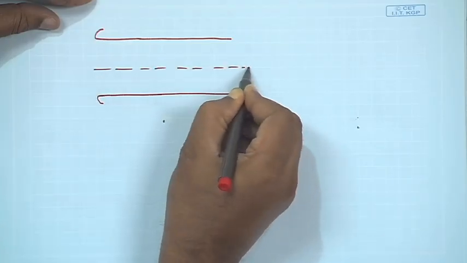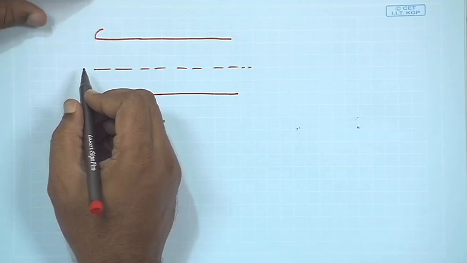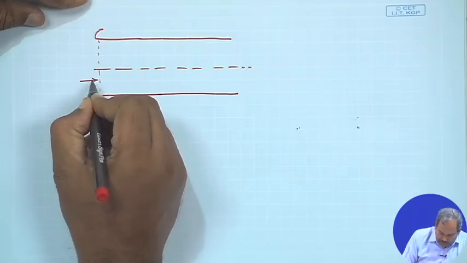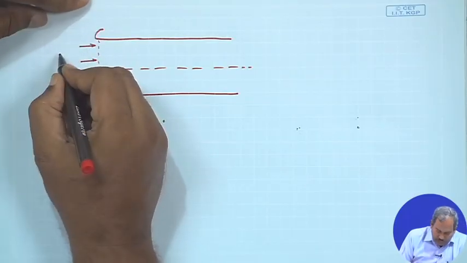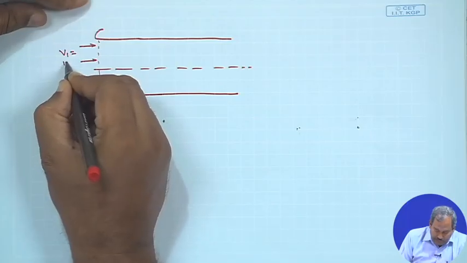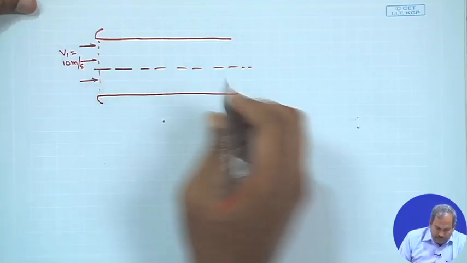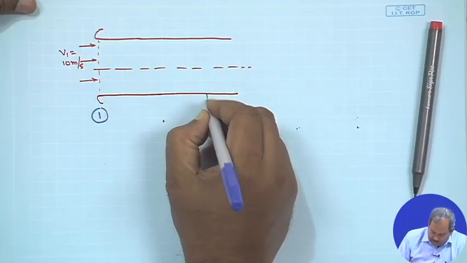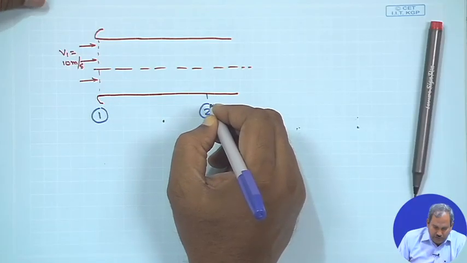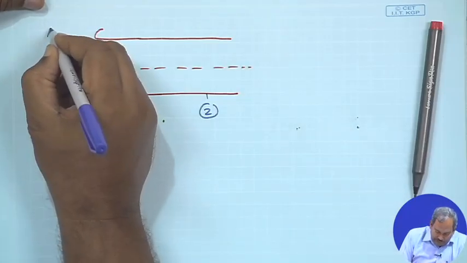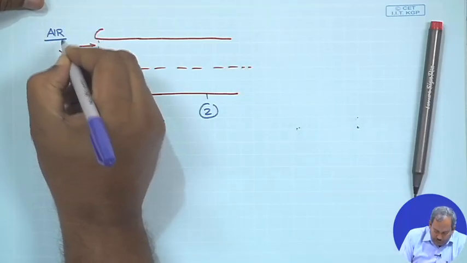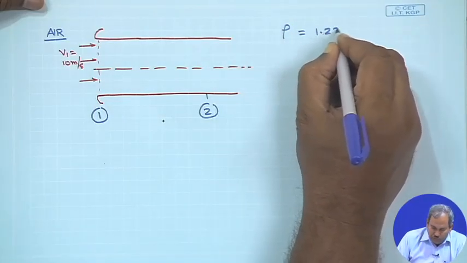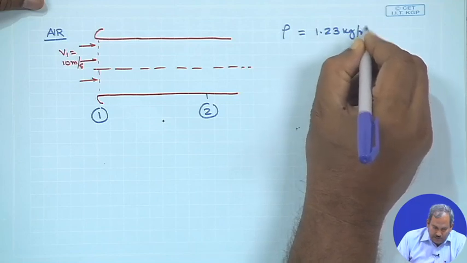This is the center line, and at the entry point the velocity is 10 meter per second. There are two stations, station 1 and at some point downstream station 2. It's air which is flowing into this, and the density of air rho is 1.23 kg per meter cube.